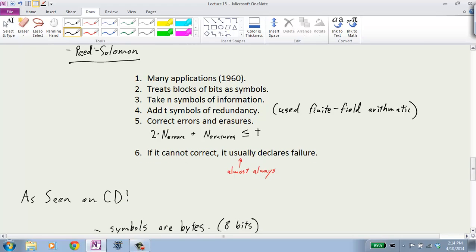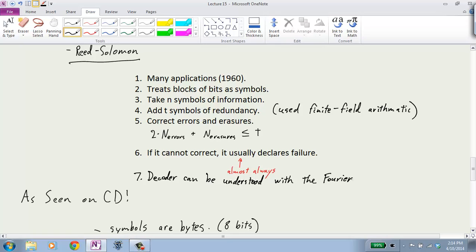And also the decoder for these things can be understood with the Fourier transform.